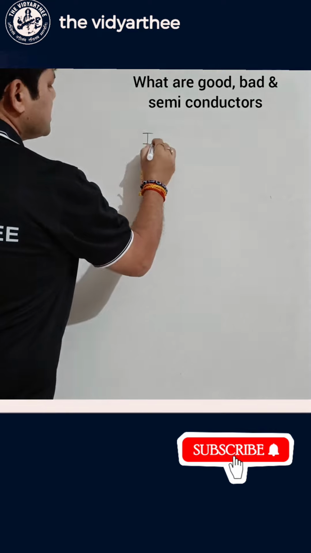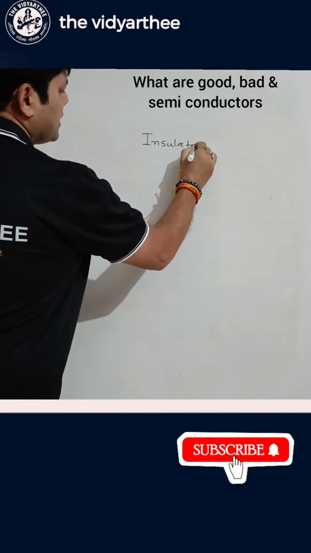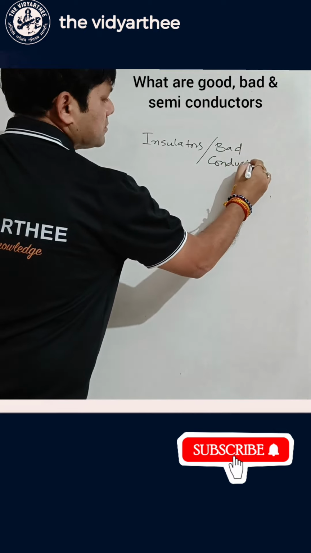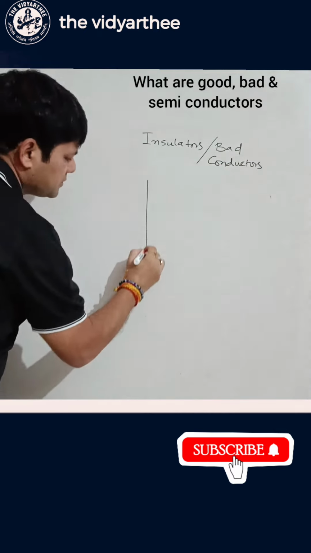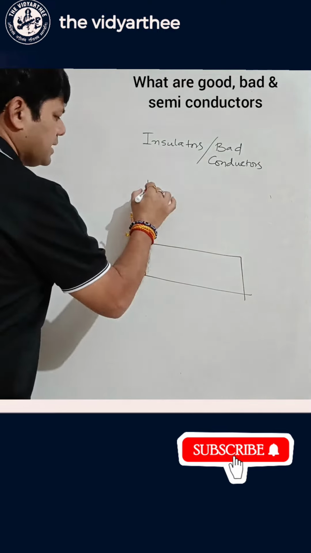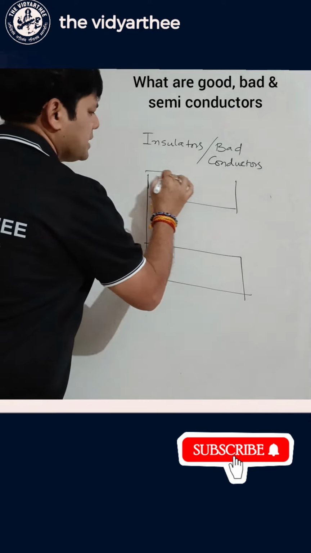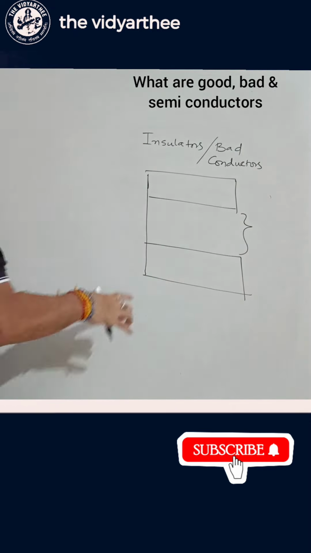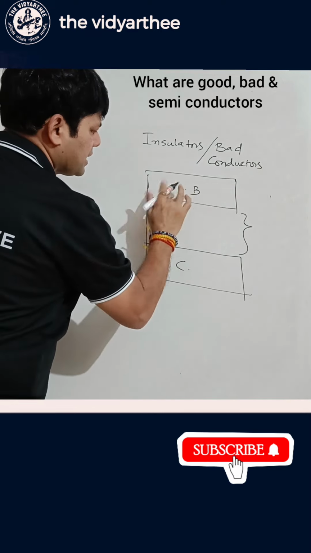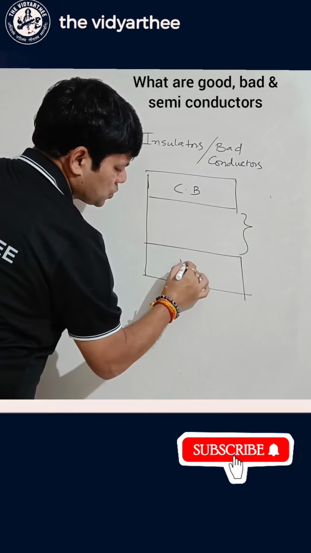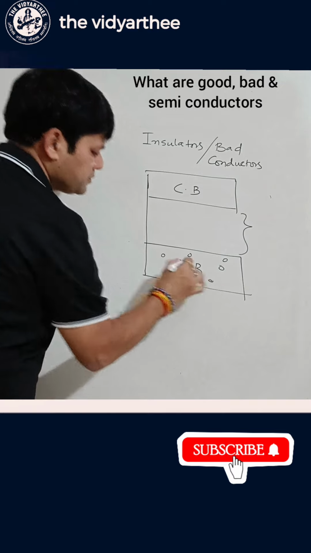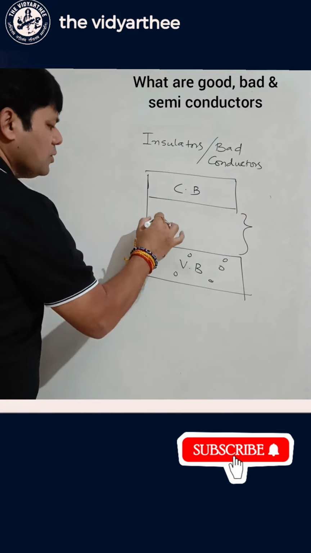In case of insulators, which I just mentioned, insulators or bad conductors, the valence band and the conduction band are actually separated by a gap. This is called the valence band, this is called the conduction band. So the electrons here are incapable of jumping from here to the conduction band.